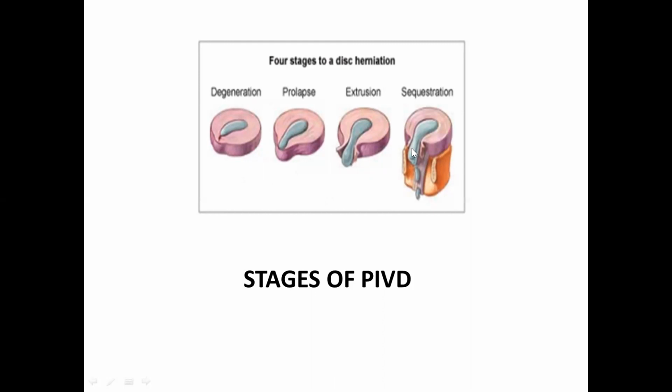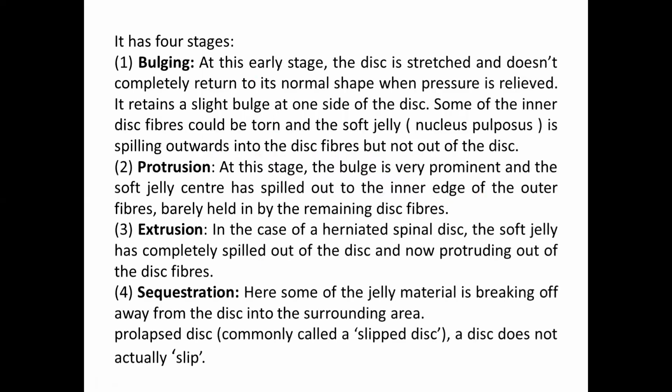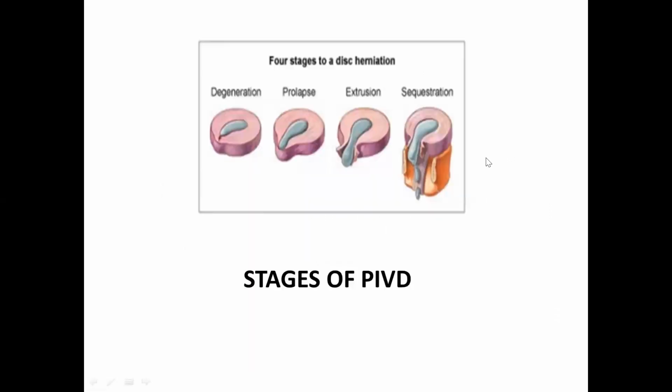When the nerve endings are getting compressed, the pain signals get initiated more, and then the patient started complaining of pain, which is the most important part in this particular PIVD. Pain is the most important clinical symptom which can be exhibited by patients suffering from PIVD.